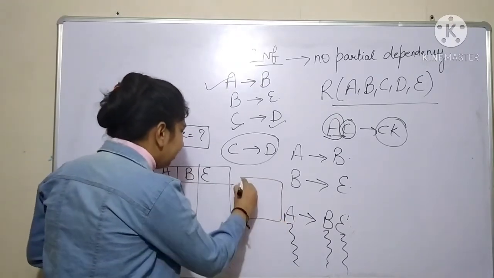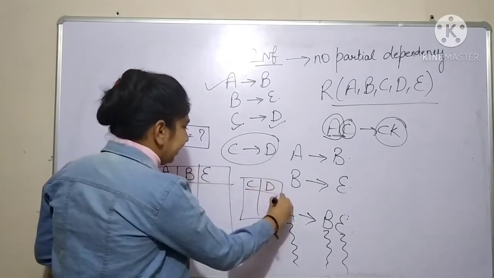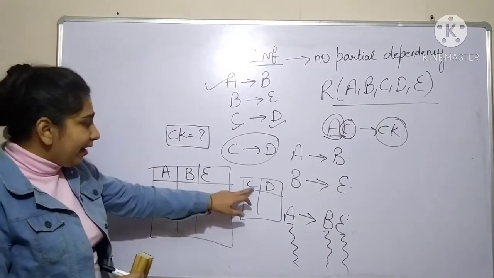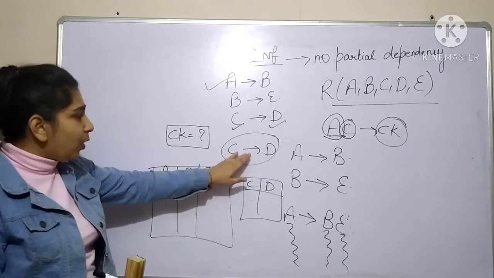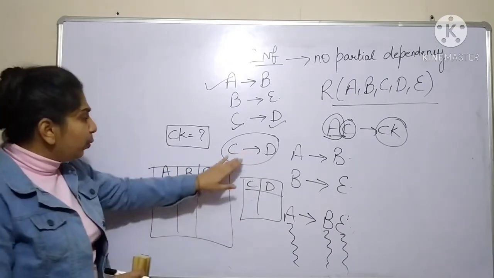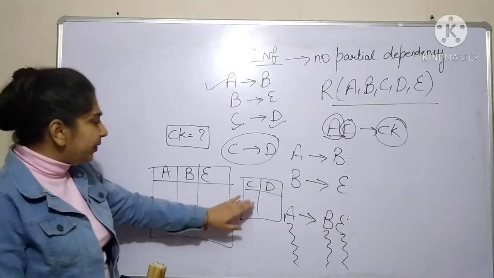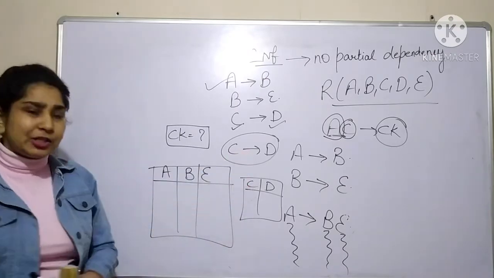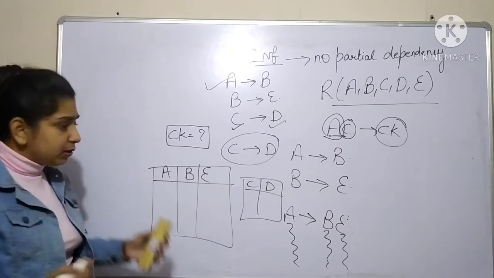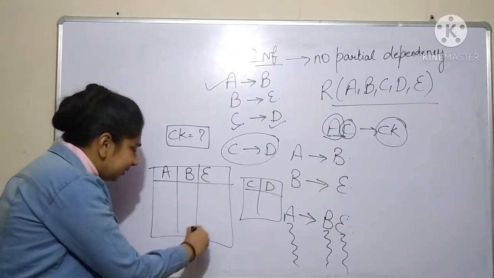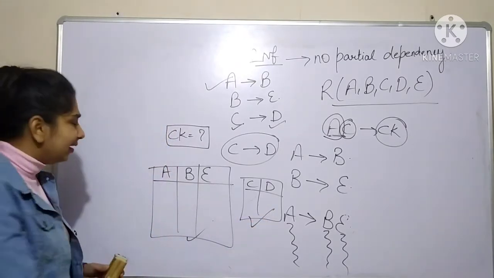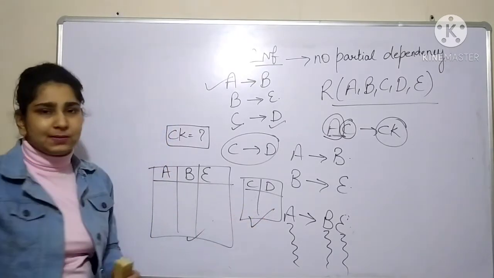Next we have C and D. There is also redundancy present in these attributes. So we will be making one separate table for this functional dependency. Okay, so if you look at this relation and this relation, both are different relations.